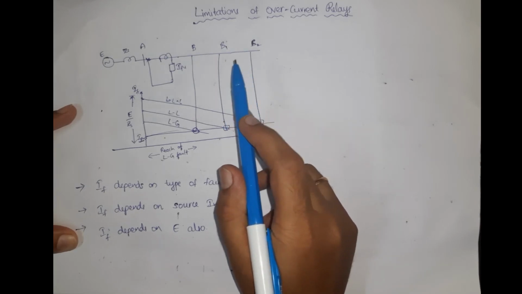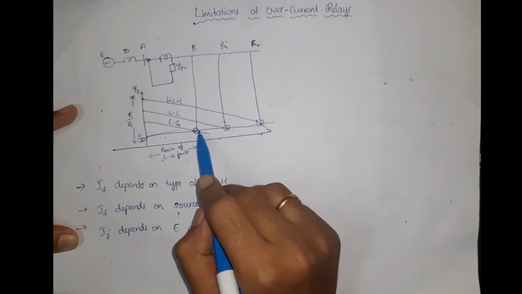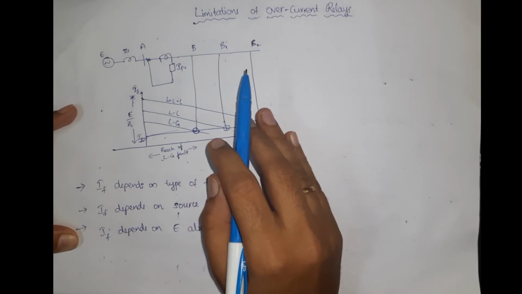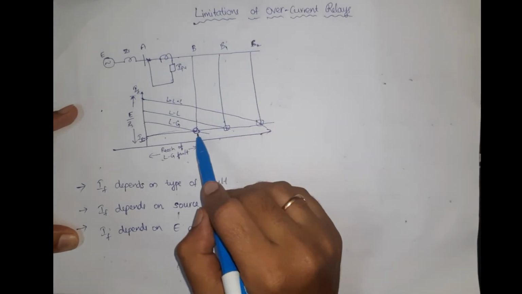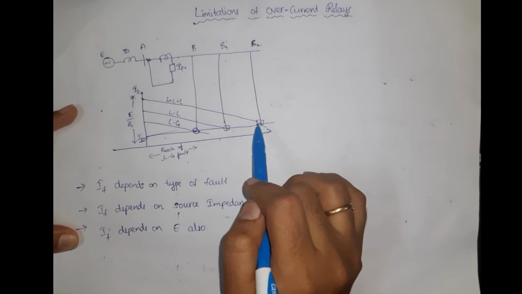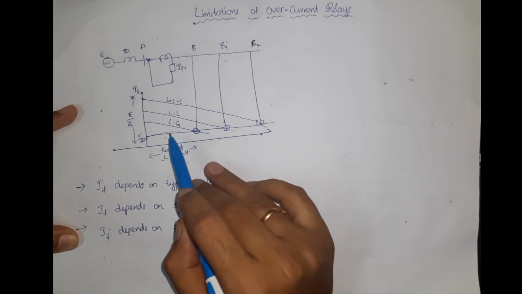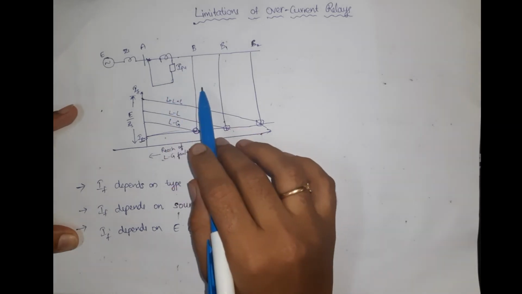That means the relay we are using must be able to clear any type of fault, irrespective of the instant, irrespective of the place where it is occurring. But this overcurrent relay is not satisfying that property. That means it is only able to operate up to a certain distance, right?